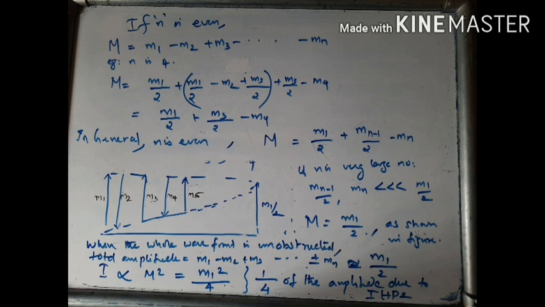Now you know that the area of the first half period zone is pi b lambda, and if you are considering an obstacle, in most cases the size of the obstacle will be very large compared with the area of the first half period zone, since lambda is in the nanometer order.